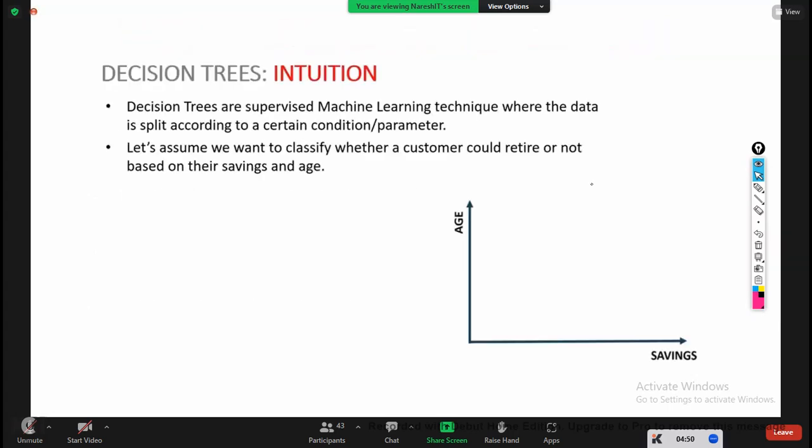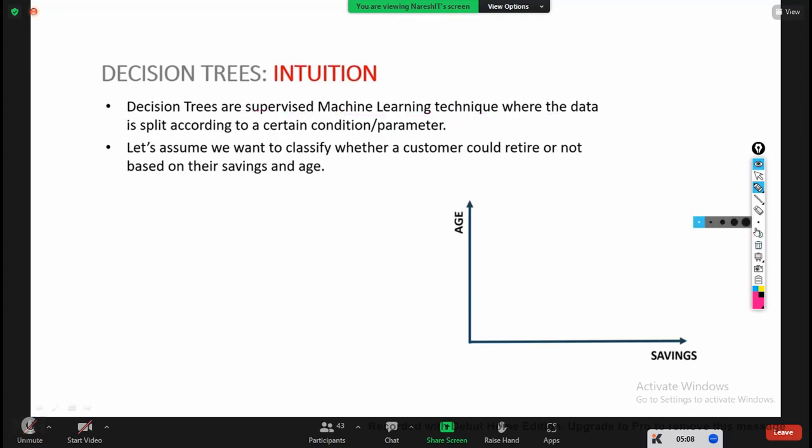Now, decision tree is a supervised machine learning technique where the data is split according to a certain condition or parameter.